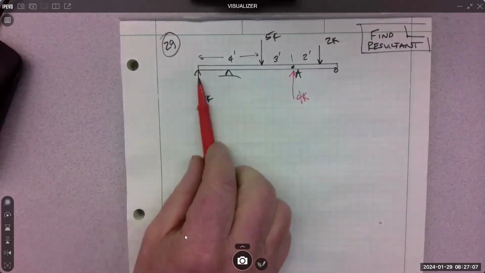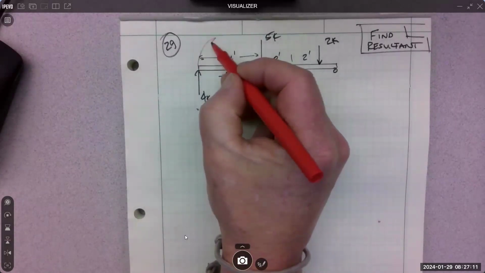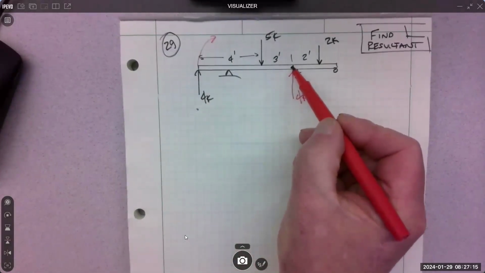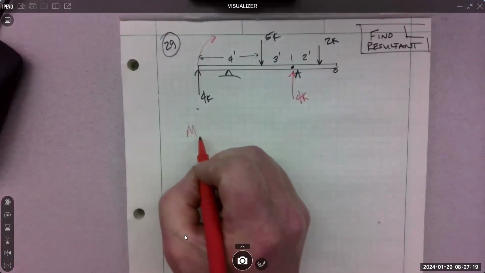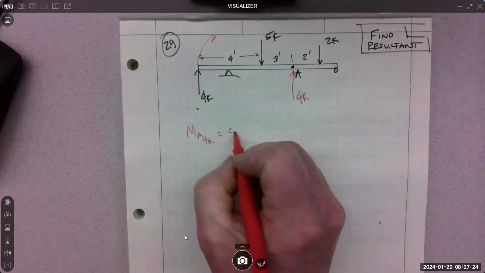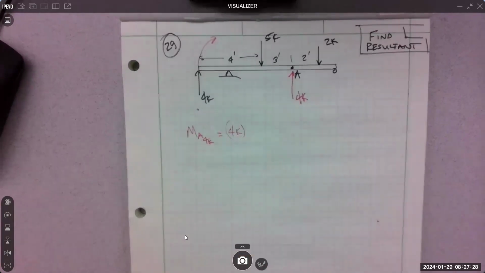So I took this and moved it over here, but this was creating a moment about point A. We've practiced making these, so I have to calculate that. Moment about A of the 4K is 4,000 or 4K times what?